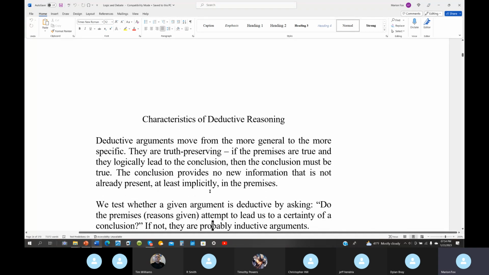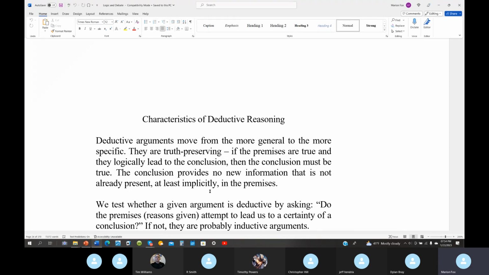Deductive and inductive reasoning. Deductive arguments start with a general truth, a universal truth, and then take a specific application. Whereas inductive takes a specific case and draws a conclusion for everybody from it.